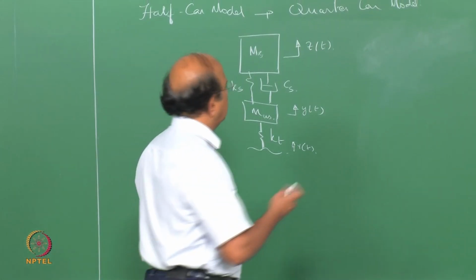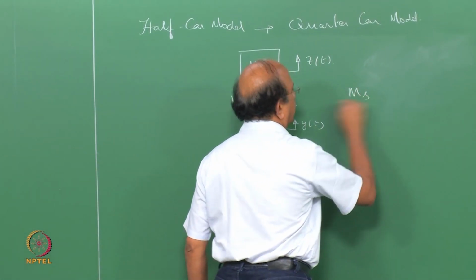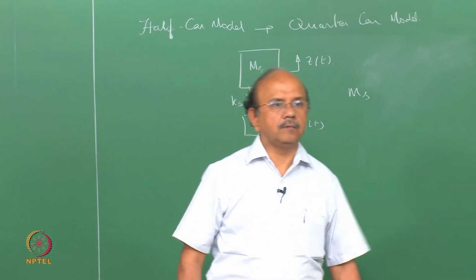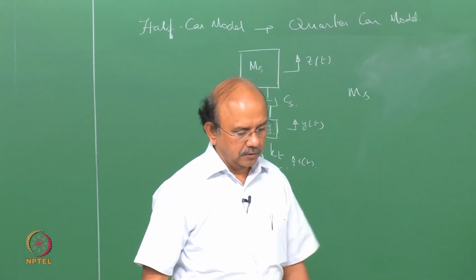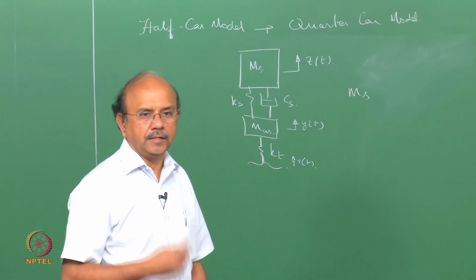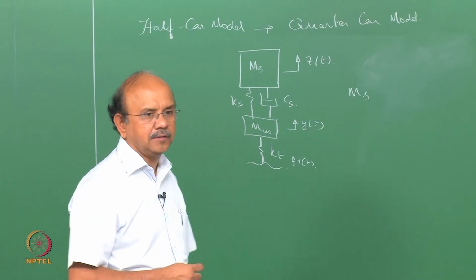Now let me write down the two governing equations. Why two? Because I have two degrees of freedom, which is y and z.